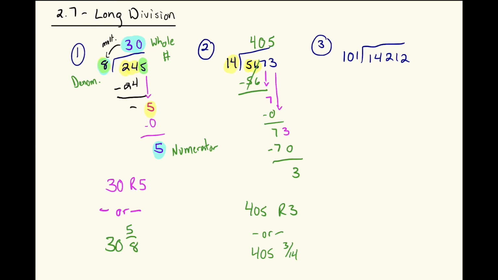All right, so our last example here is 14,212 divided by 101. So it's definitely a very odd set of numbers, but just because the numbers are weird, that doesn't mean we do anything different. So we look at 101. Can 101 go into 1? No. Can it go into 14?